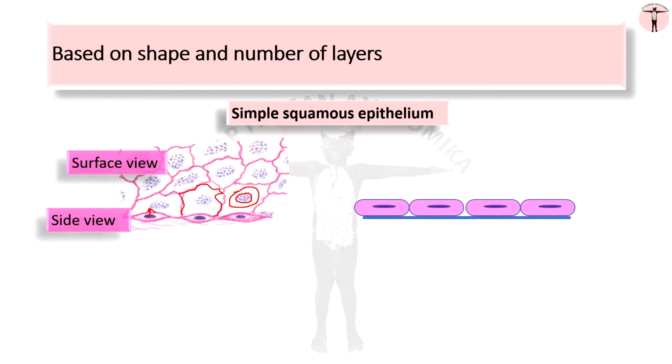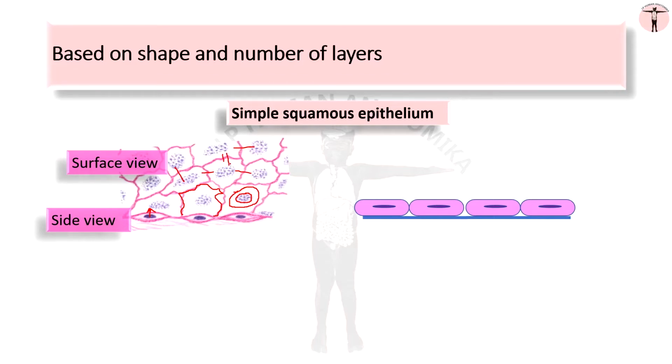It produces a bulge on the surface, and the adjacent cells are held together by epithelial junctions called occluding junctions or tight junctions. So they seal the adjacent cells tightly.